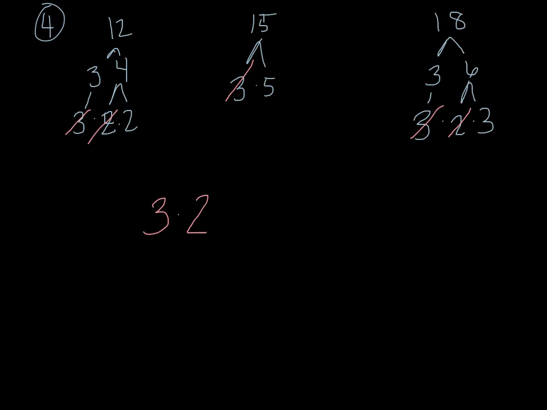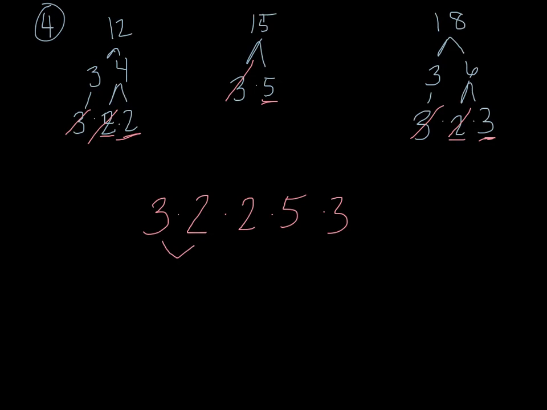Then I'm going to look to see if there are any 2 numbers that share a number, and that was the 2. Only 2 of them shared a 2, but I still am only going to write 1 down. So now I have to see, okay, I've got a 2, a 5, and a 3, so I'm just going to write those down. Another 2 right here, a 5 right there, and a 3 right there.